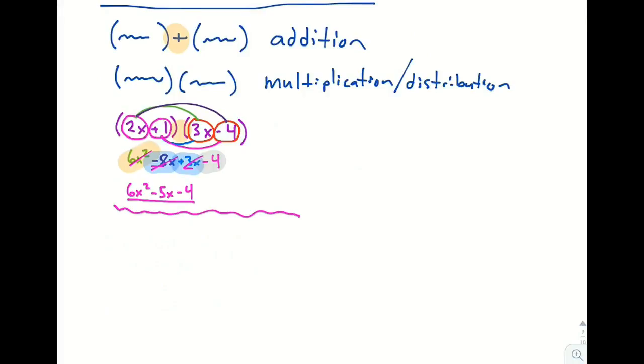So we're going to do another quick example here of what happens when you have a bigger group that we're working with. Let's say you had something that looked like 5x squared minus 3y times 4x minus 2y plus 1.